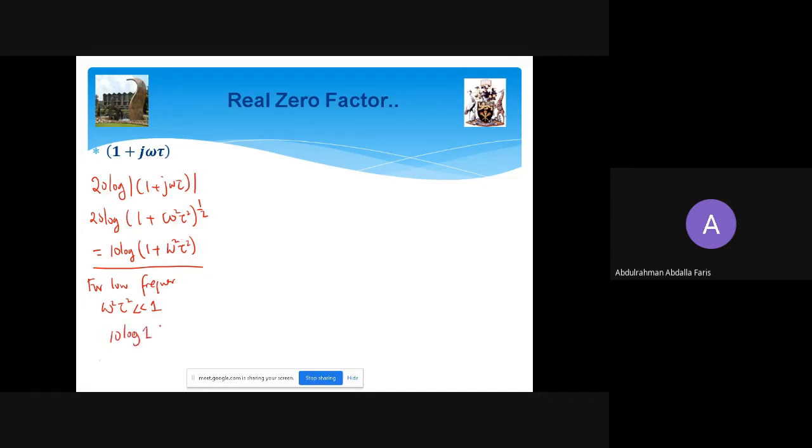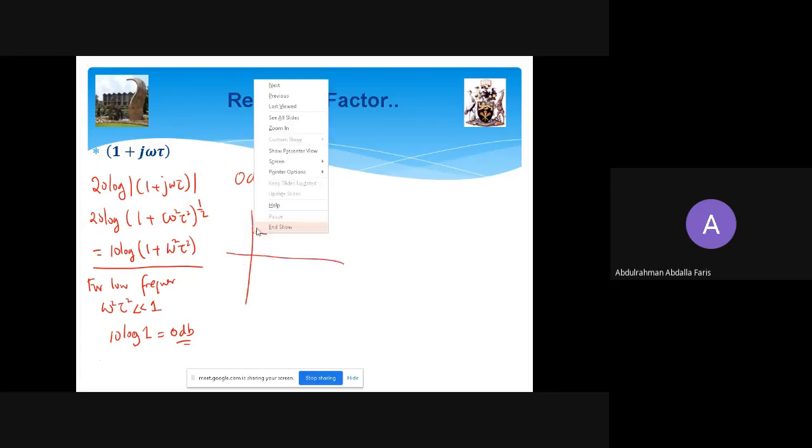This will disappear. So it means for this factor, for lower frequencies, we have a 0 dB line. So for lower frequency, we have a 0 dB line like this. Let's say this is 0 dB, up to a certain point, we see.